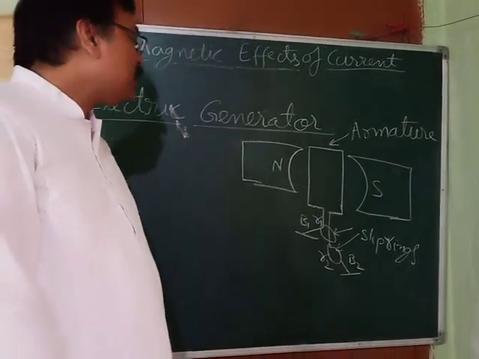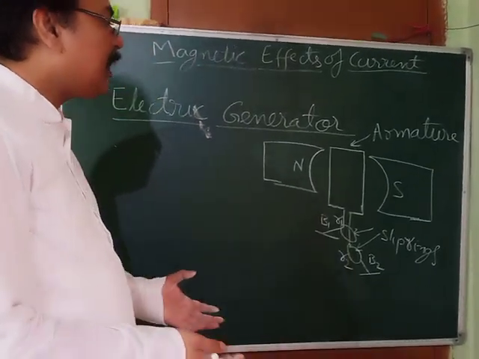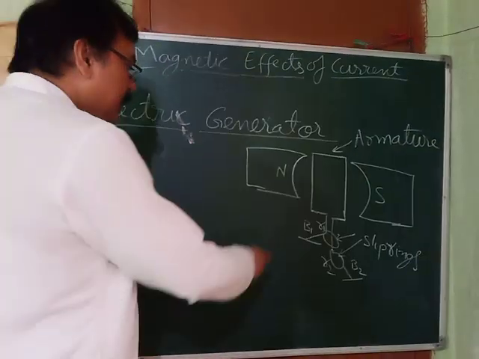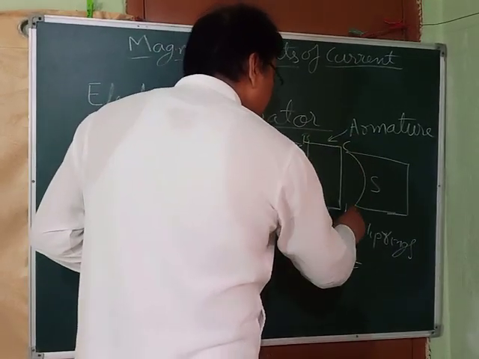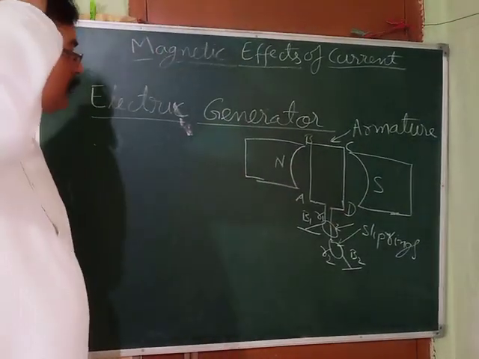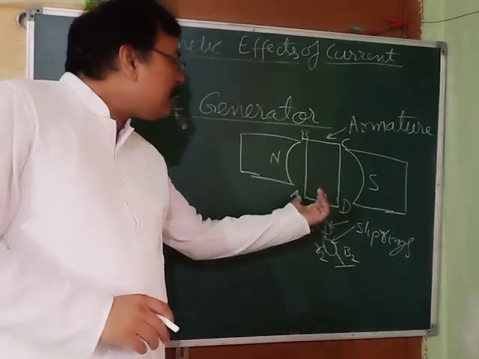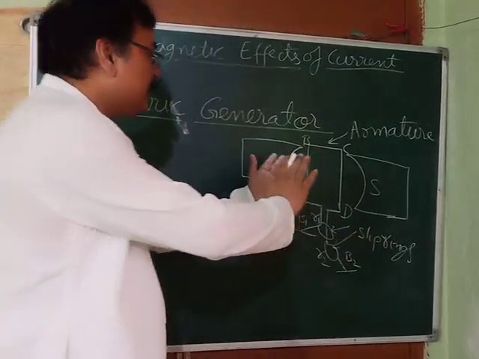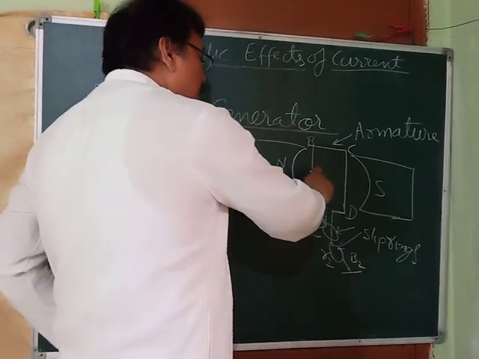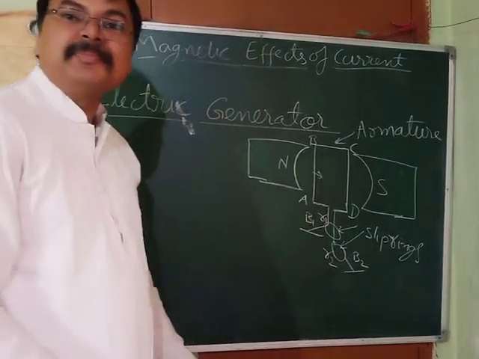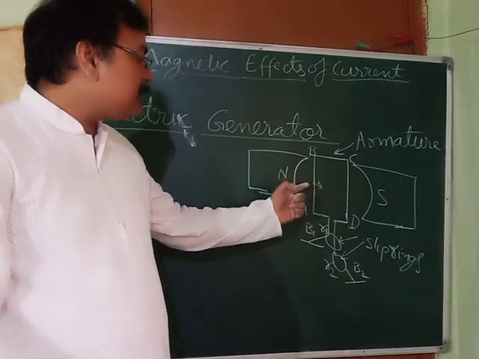Okay. Now, how is this current induced? Let us name it A, B, C, D. Now, suppose we are going to rotate it in this direction, like this. When we rotate it like this, that means we are going to pull it in this direction. When we pull, this is the direction of motion.